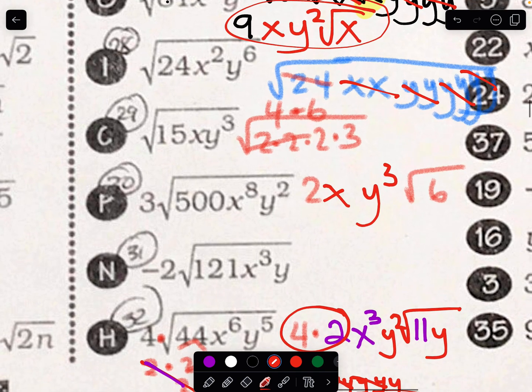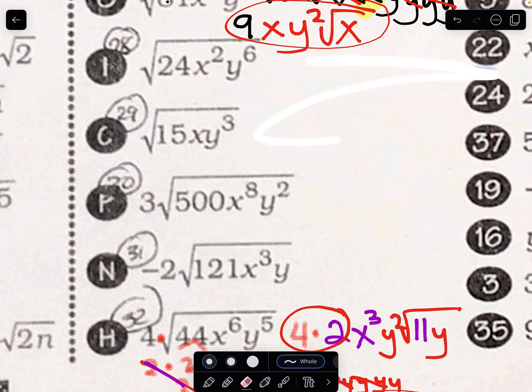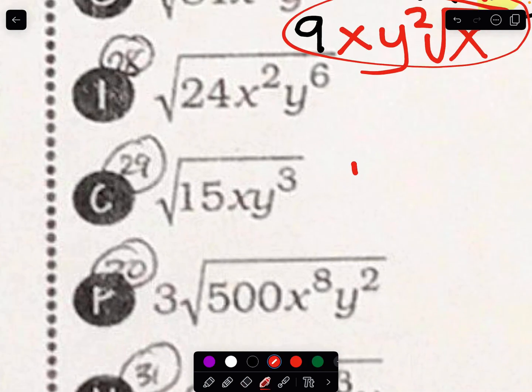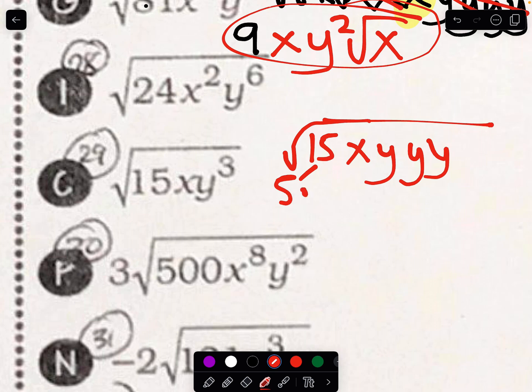Okay, number 29. I'm going to erase this because I don't have enough room. Square root of 15. X, 1x, and 3 y's. Okay. 15, there's nothing that makes 15. 5 and 3 only, and it doesn't pair up, so it stays 15.